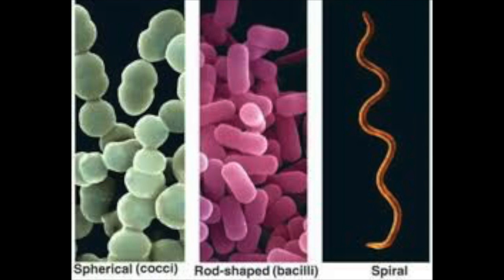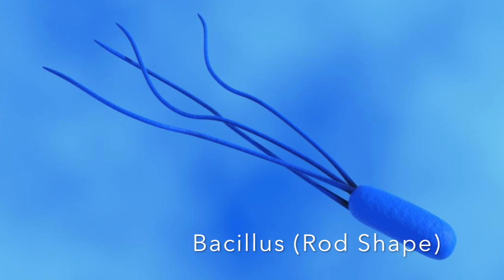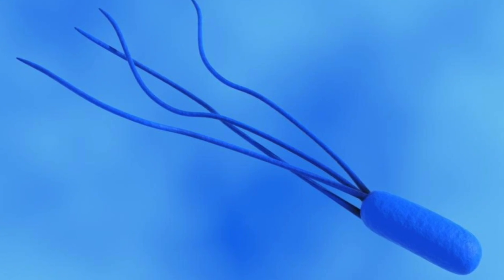My experiment also connects to chapter 28. Due to the shape and structure of bacteria, it can show us how resilient it is to different environments. The structure of E. coli bacteria is rod-shaped, and it has a flagella which provides movement.